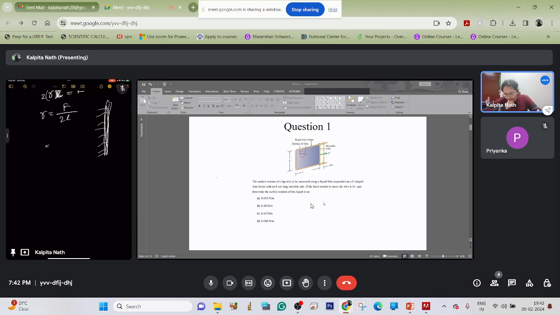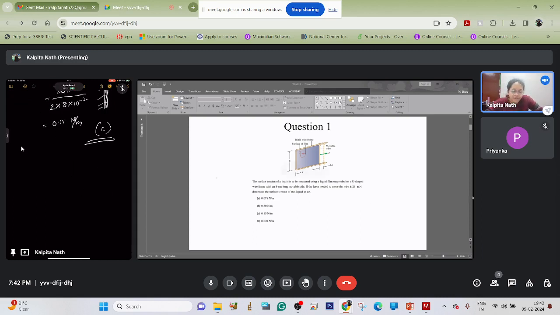So this will be L. So 2 into 8 into 10 to the power minus 2, converting centimeter to meter. And force is 24 into 10 to the power minus 3, milli, so we'll convert into Newton. So it will be 0.15 Newton per meter. So this is option C.